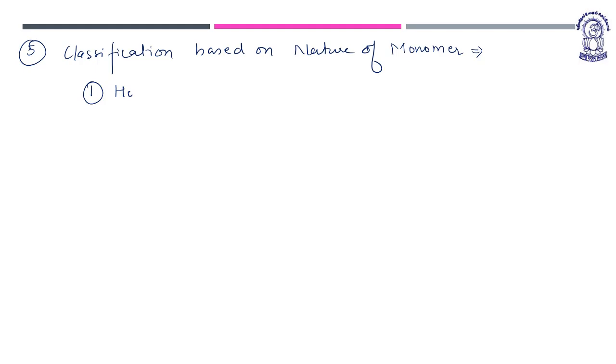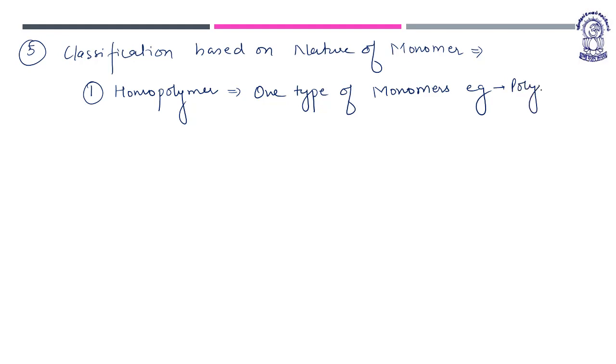Polymers are of two types: homopolymer and copolymer. Homopolymer is when only one type of monomer is part of the polymer. Examples are polythene and polyvinyl chloride.